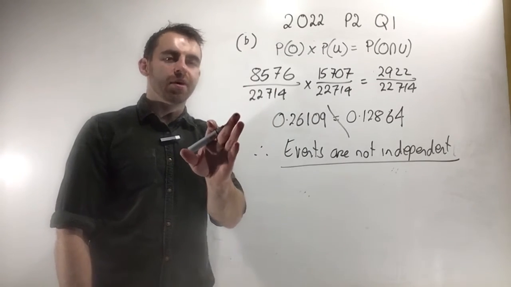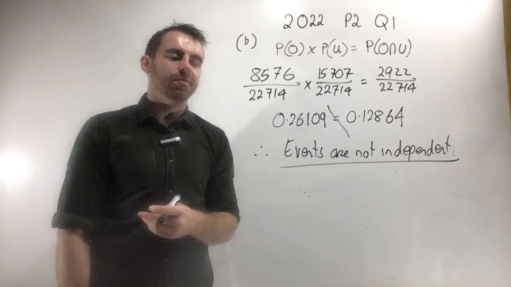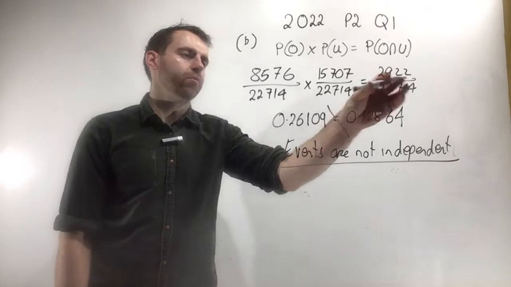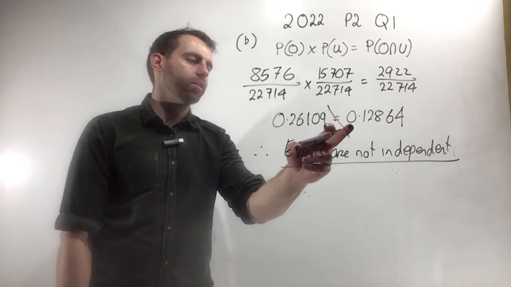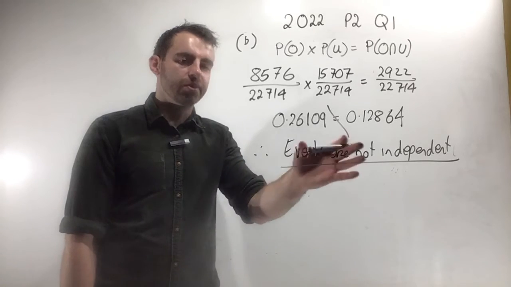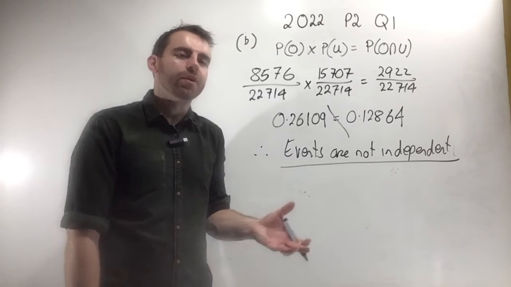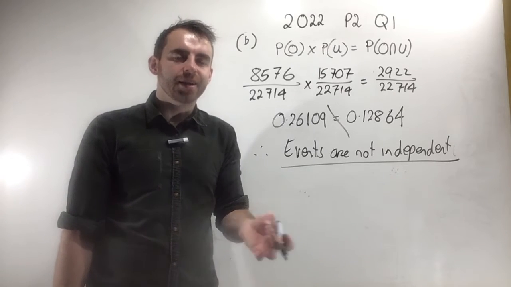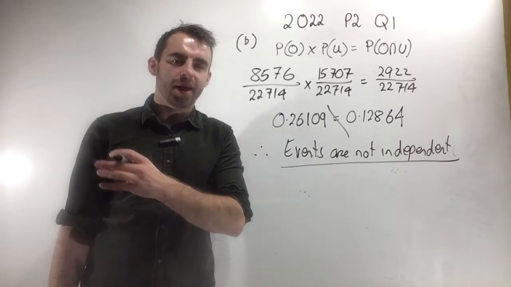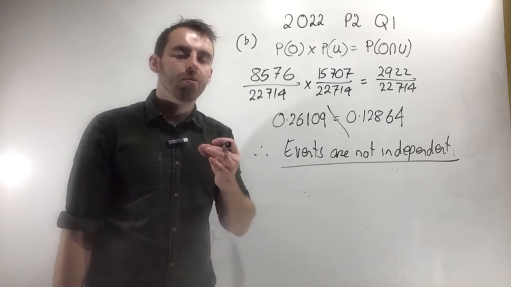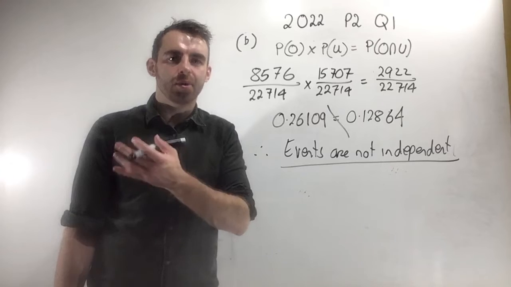So I've subbed in my values, and when I plug the left hand side into my calculator, I get 0.26109. When I plug the right hand side into my calculator, I get 0.12864. Obviously they're different numbers, so the events are not independent. Now, it should have been clear to you from the start that they weren't going to be independent anyway. You can clearly see from the table in part A that younger students are more inclined to be undergrads, while older students are more inclined to be postgrads.